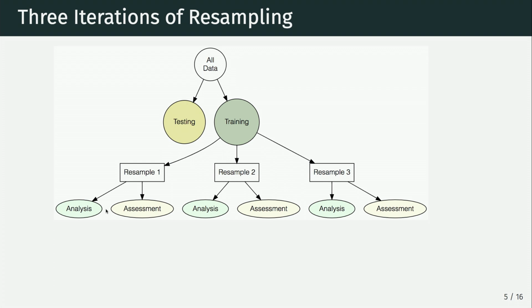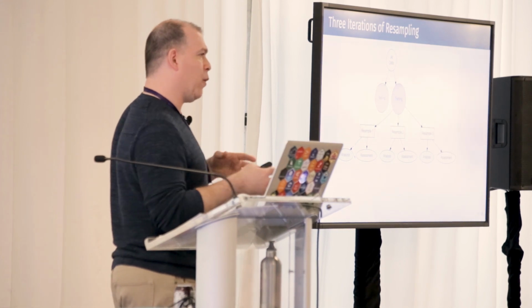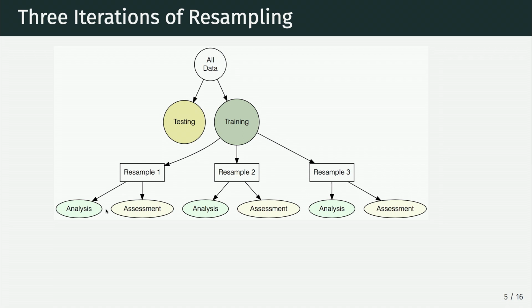So let's say you're going to build a bunch of models. Let's say you're doing regression, and you're going to build 4 models. What people would typically do is fit each of them on each one of these resamples. So for the first analysis set on the left, you'd fit your 4 different models and get 4 different predictions on the assessment set, which would result in 4 different R-squareds.